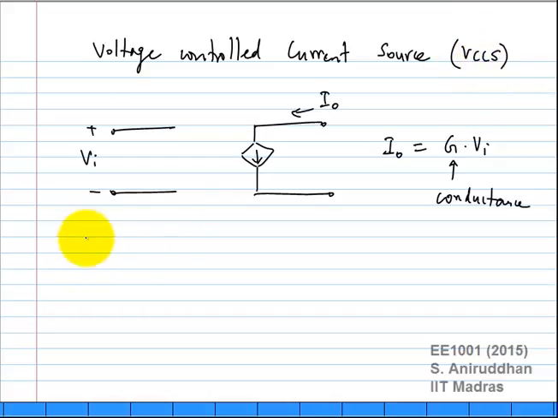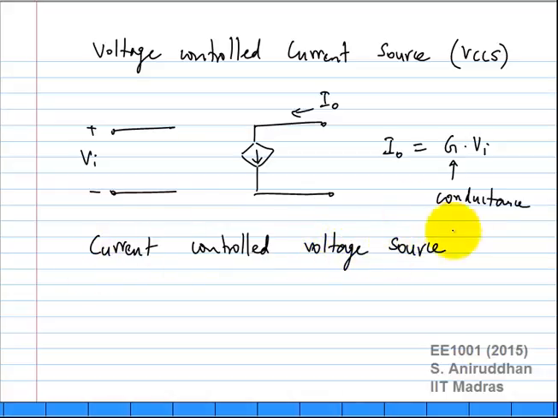Similarly, a current controlled voltage source. The representation at the input is slightly different. Now the input controlling variable is a current, therefore you are going to show a short between the input terminals.